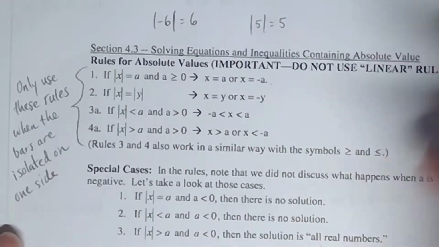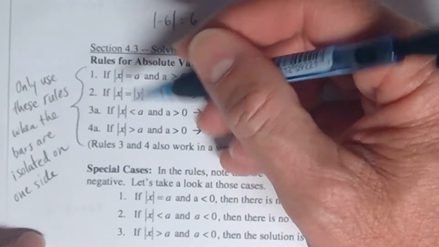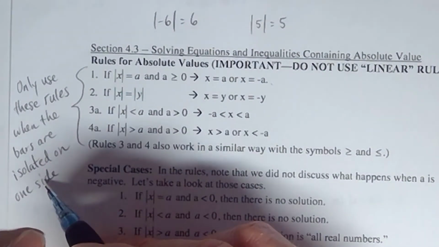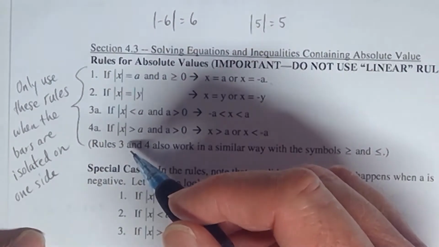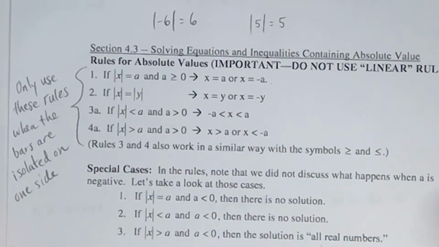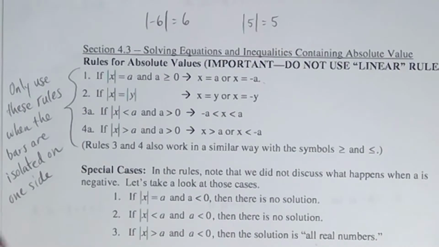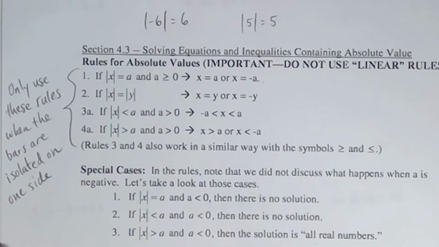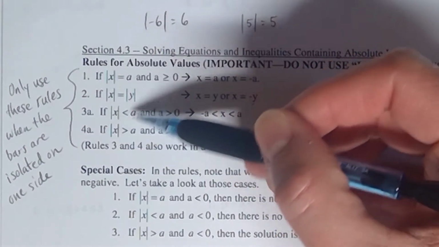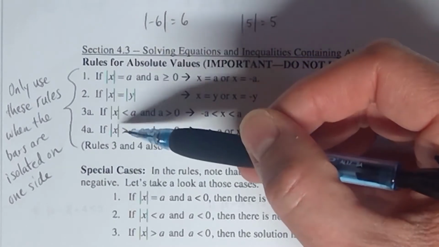But I want you to notice something about all 4 of these rules. The bars are isolated on one side of the equation or inequality on all 4 of them. So it is extremely important, because I see a lot of students completely go in the wrong direction with the problem, and they lose a lot of points that way if they try to solve the problem using the normal methods we've done in the past without actually getting these bars by themselves. You have to get the bars by themselves before you can use one of these 4 rules.